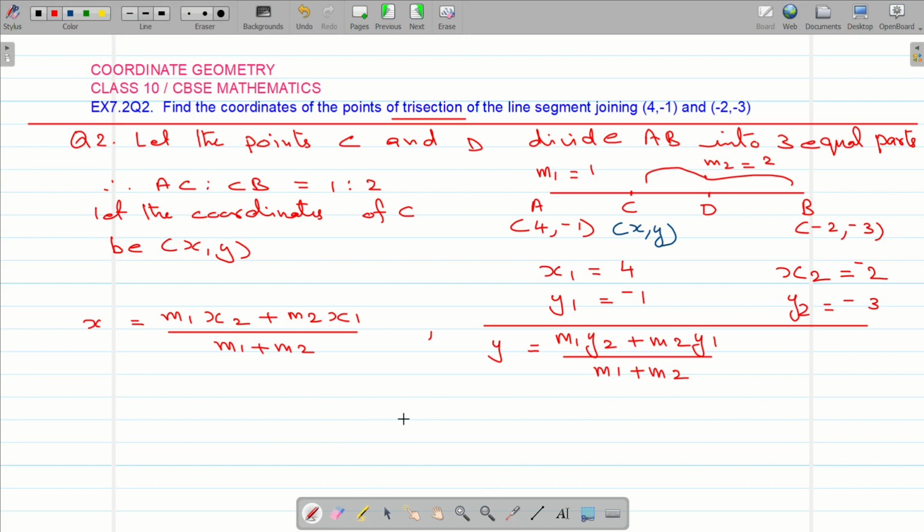Now let us substitute the values of m1, m2, x1, y1, x2, y2 in the equation.